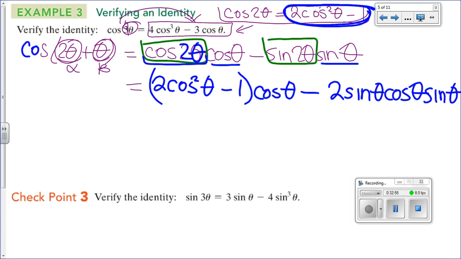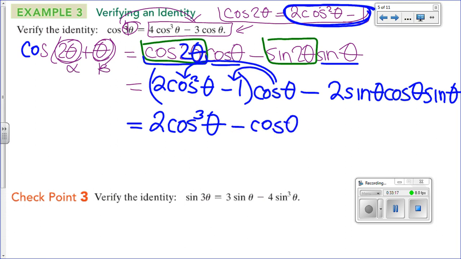Now we're going to multiply. When we multiply cosine theta times 2 times cosine squared theta, we will get 2 times cosine to the third power theta. Then when we multiply cosine theta times negative 1, it will be minus cosine theta. Then what we could do here is multiply sine theta times sine theta, so that will be minus 2 sine squared theta cosine theta.